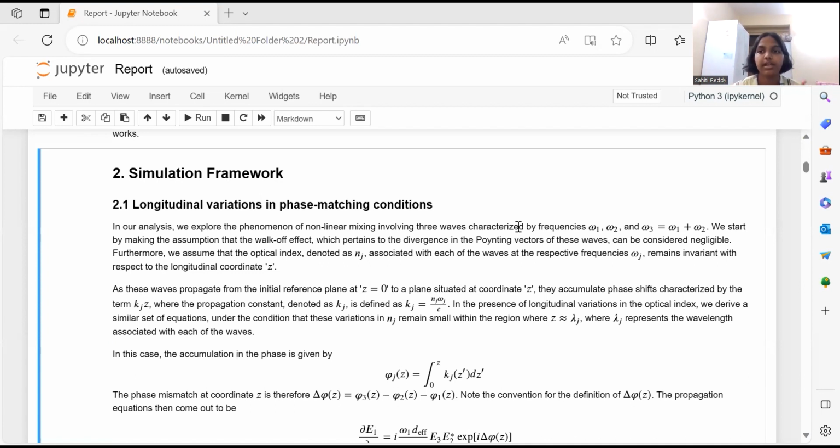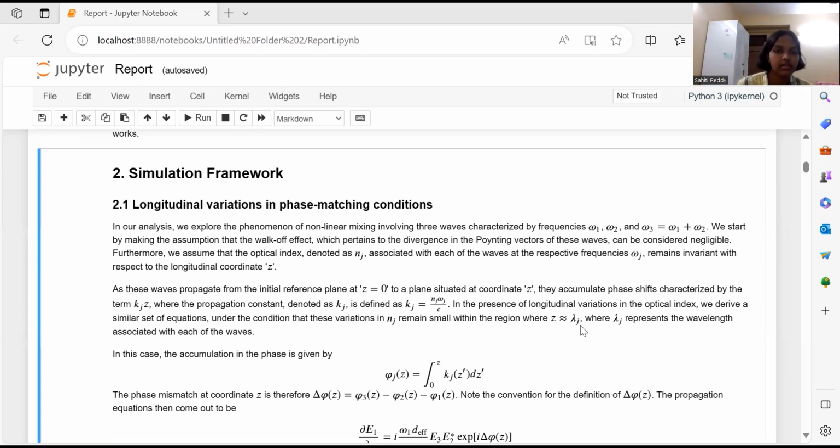So as the waves propagate from an initial reference frame at z is equal to 0 to a plane at coordinate z, they accumulate phase shifts kj into z, where kj is the propagation constant defined as kj is equal to nj omega j by c. Even if there are longitudinal variations in the optical index, they can be neglected if they remain small within the region where z is nearly lambda j, where lambda j represents the wavelength associated with the waves.